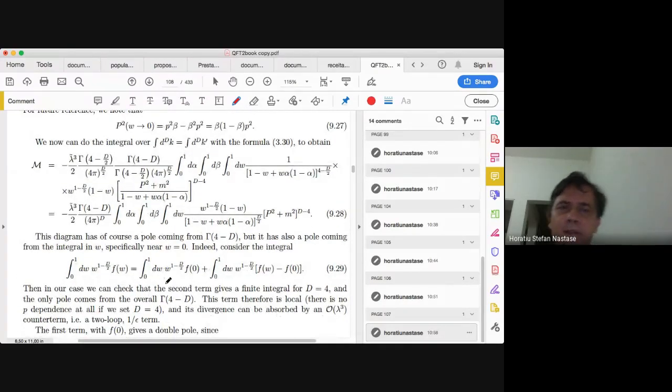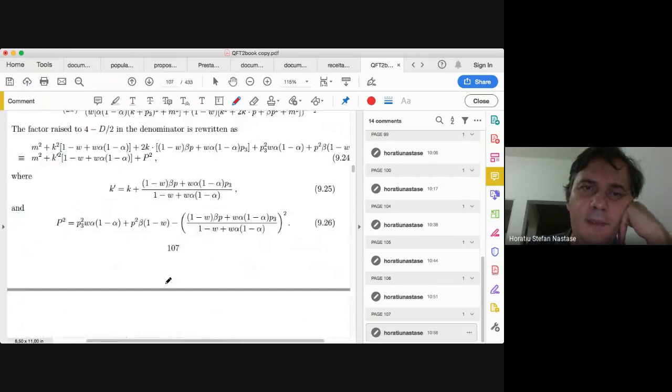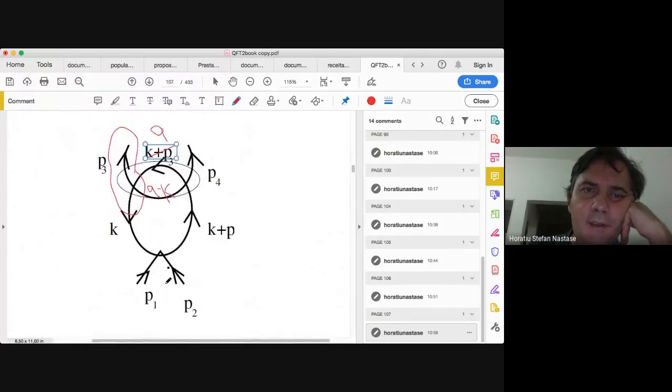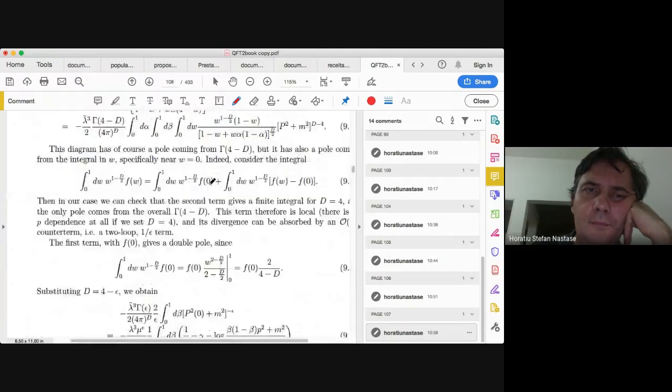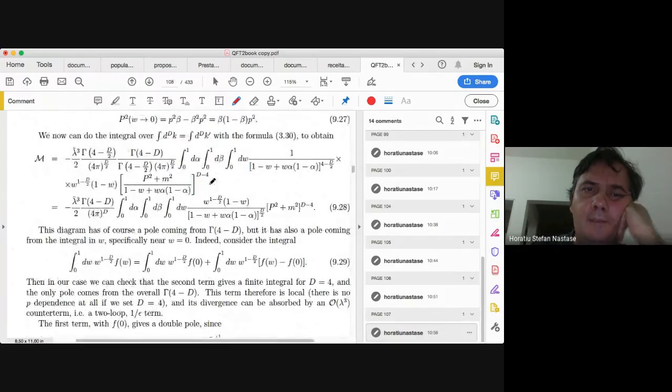All right, so now let's look at this result. So remember, this is the result of this two-loop Feynman diagram. Well, I have overall multiplying the integrals a gamma of 4 minus d. So that's a gamma of epsilon.